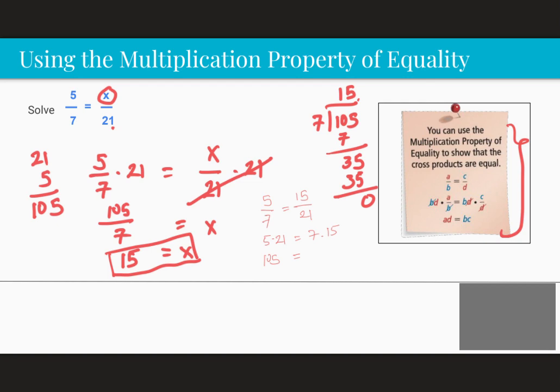Let's do it anyway: 15 times 7, 7 times 5 is 35, carry 3, 7, 8, 9, 10, should be 105. Okay, so our answer checks out again.